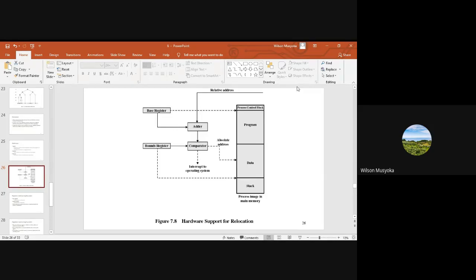But then the relative address is a specific address from a specific reference point. Here we have an adder and a comparator. All these, we are calling them relative addresses because they are in reference to the base register or to the bounds register. That is why we are calling them relative addresses.